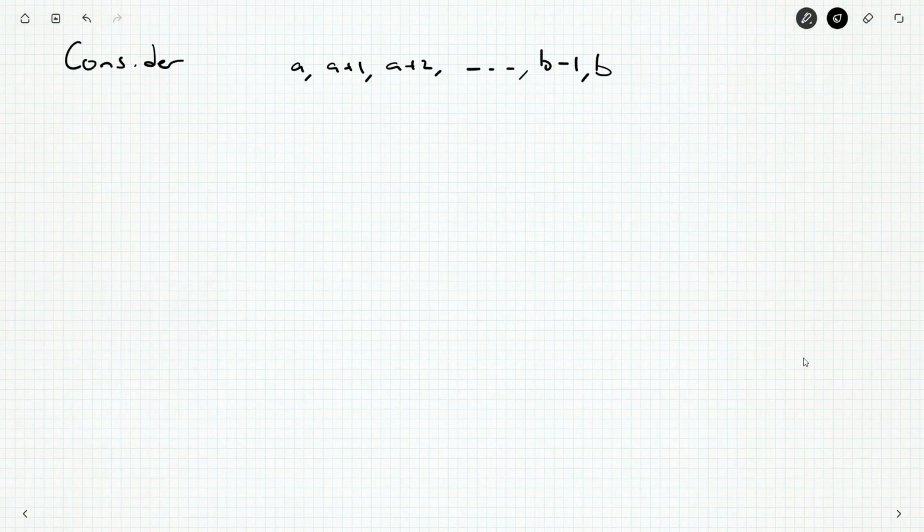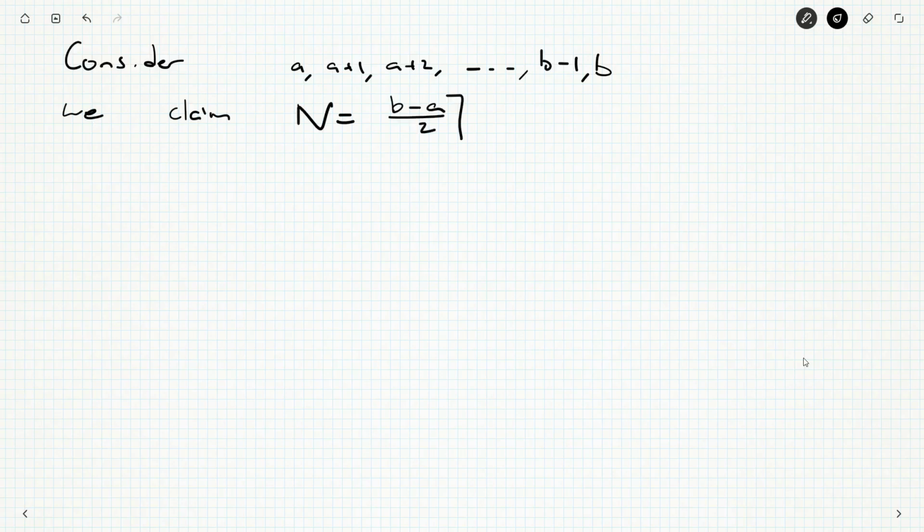So this would probably be a faster way to do both B and C, but suppose we got these numbers here, and we go from an A up to a B. Now, in both B and C, we've been using A is equal to 1, but it doesn't really matter. We claim n equals B minus A over 2, rounded up.